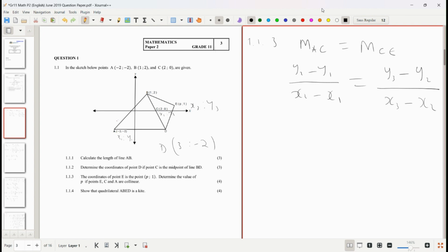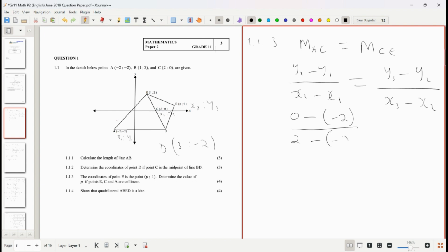So what do you do? Okay. So what is your y2? Your y2 is 0. Y1 is negative 2. X2, what is the x2? X2 is 2. And then what is our x1? X1 is negative 2.